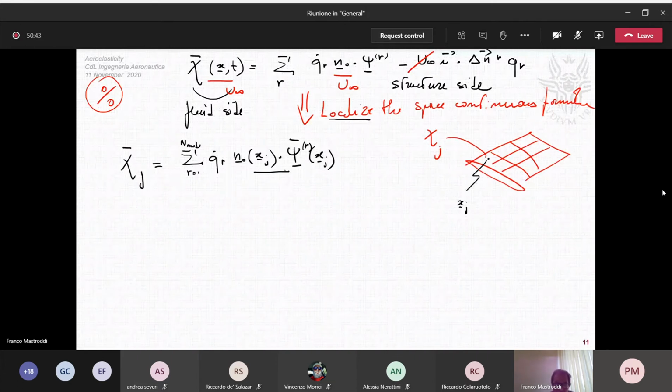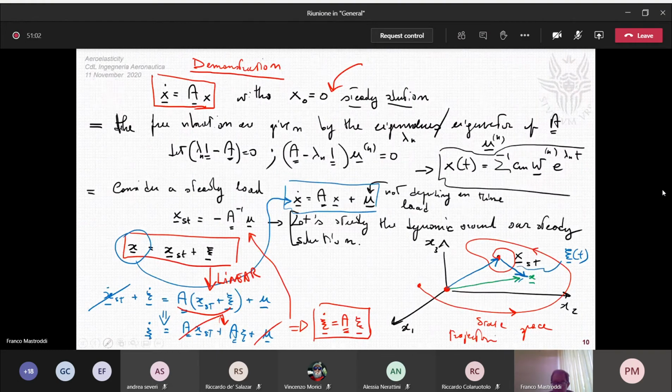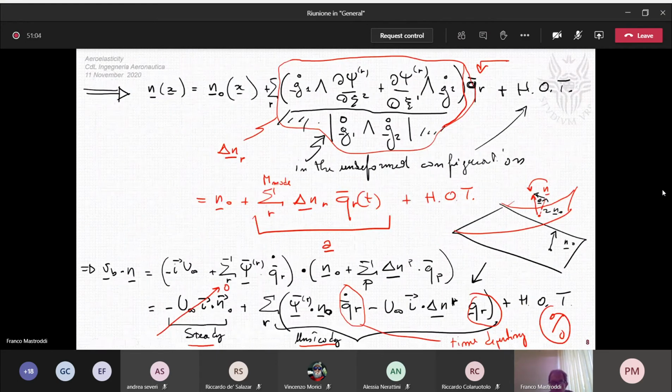Here we have divided by U infinity, and here we have minus i, the unit vector in the x direction, by delta n. This delta n is a quantity depending on the mode, but it also depends on j, because remember, here you have all quantities for delta n localized at a point.